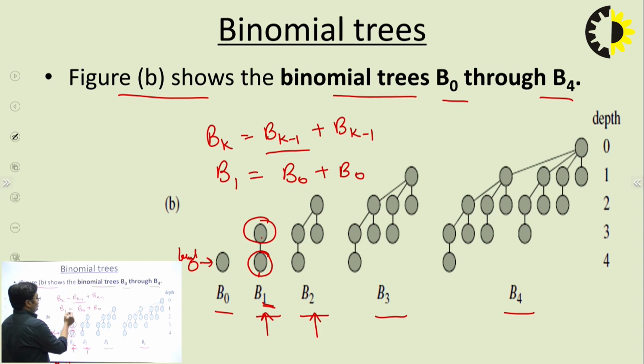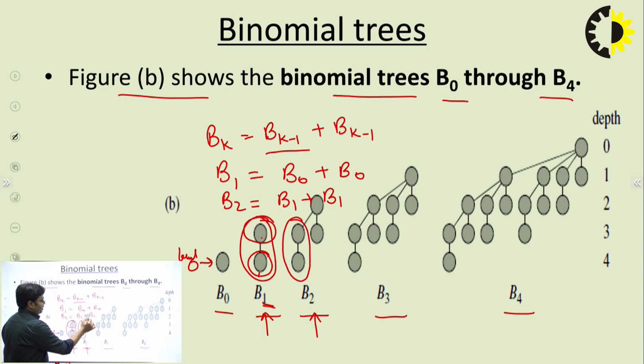Then we come to B2. B2 is B1 plus B1, means we are having two B1s, one is there, one is there, and the first B1 is the left child of the second B1, which is coming from this definition.